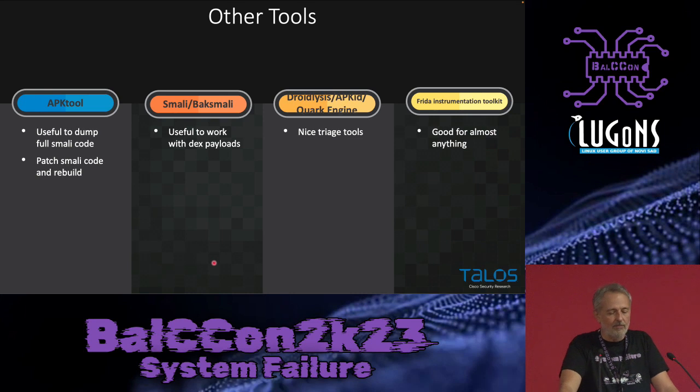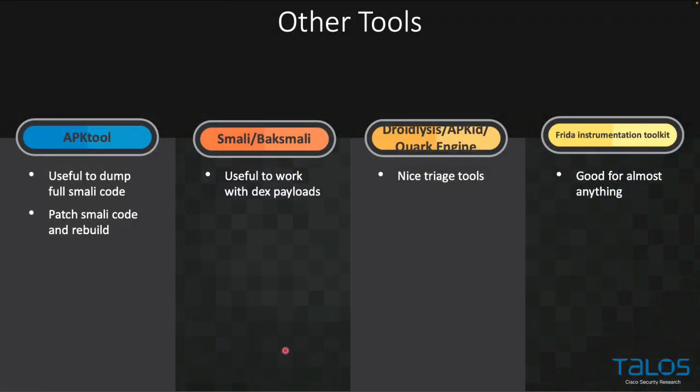So I already mentioned APKTool, which allows you to decompile the manifest file and create those Smali opcodes. APKTool allows you to disassemble and then build back the APK file. So sometimes when you want to circumvent some functionality, like some kind of anti-debugging functionality, you may be able to modify the actual Smali source code and then put together the APK file again, re-sign it, and then you'll be able to work without the anti-debugging detection, for example.